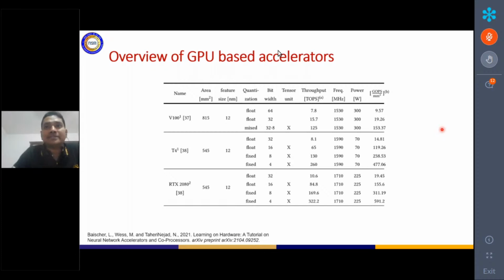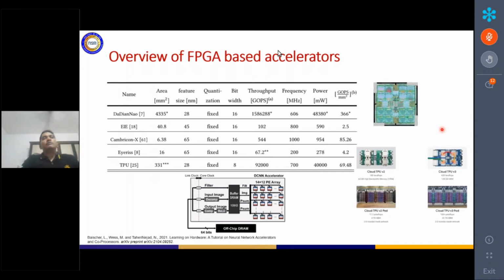Now, in terms of FPGA-based accelerators, FPGAs are fully reconfigurable, and this is the abbreviation of field programmable gate arrays, which are mostly bit-level configurable devices.